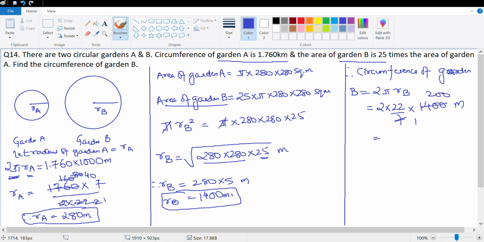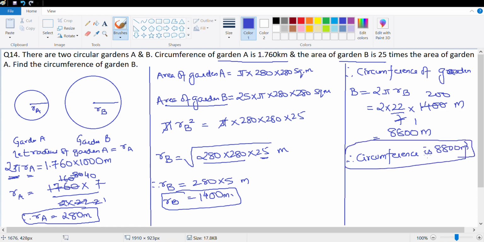So this is 4 into 22, that's 88 with 00, 8800 meter. Therefore, circumference is 8800 meter. That's the final answer.